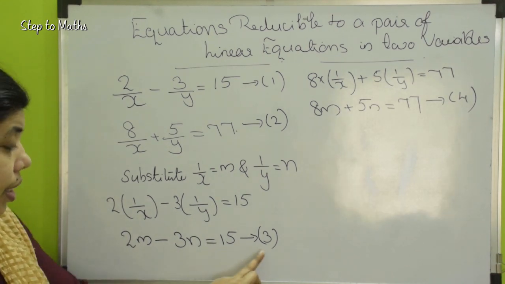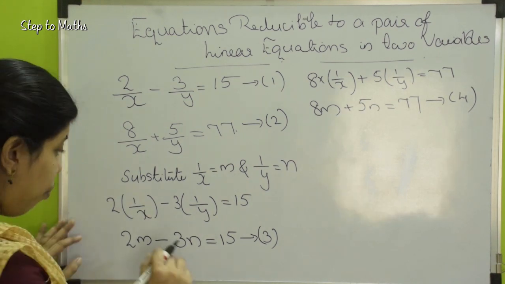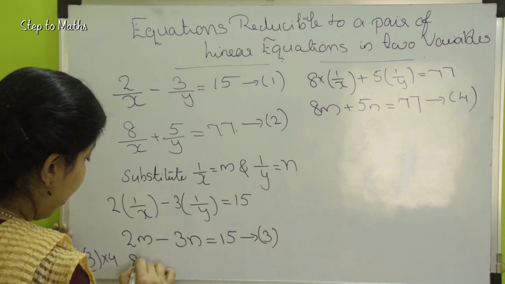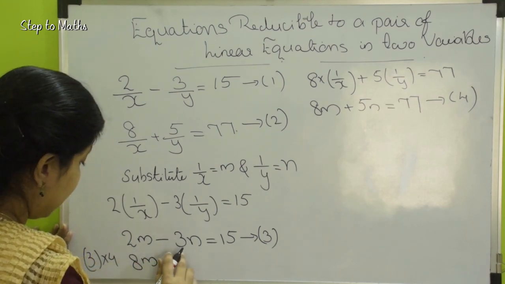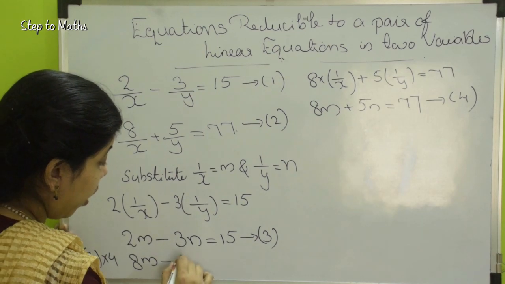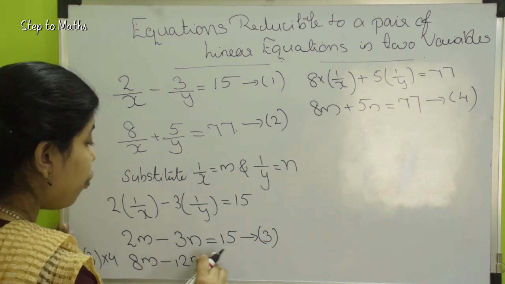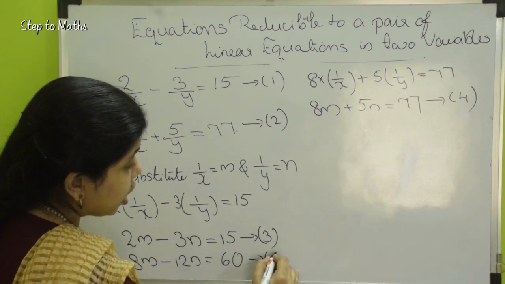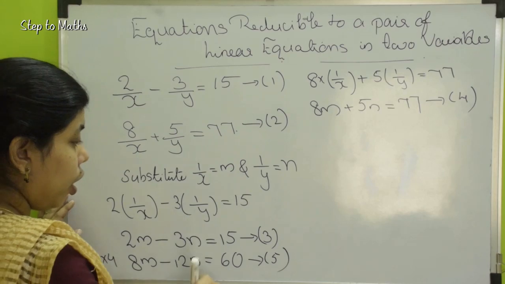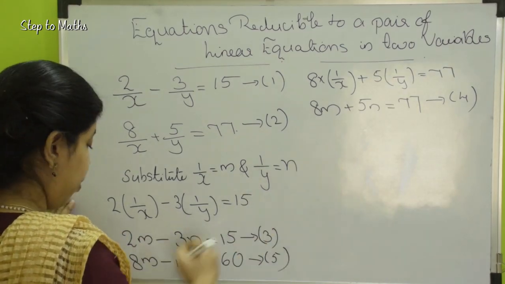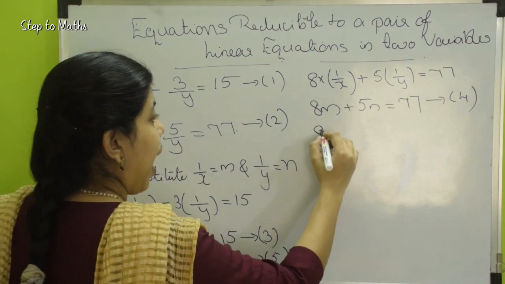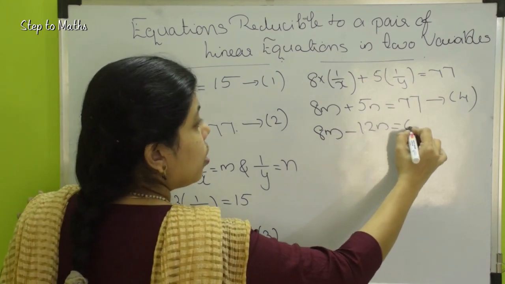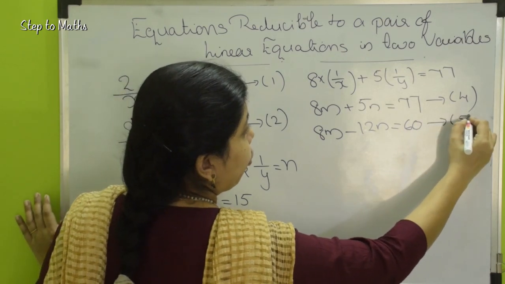If we multiply this equation throughout by 4, what will we get? 8m minus 4 into 3, 12n is equal to 15 into 4, 15 into 4 is 60. This we can label as equation number 5. Now consider equation 5 and equation 4. Equation 5 is 8m minus 12n is equal to 60.